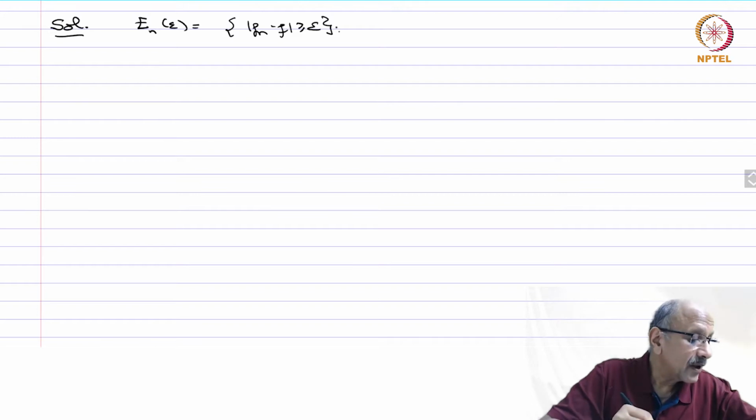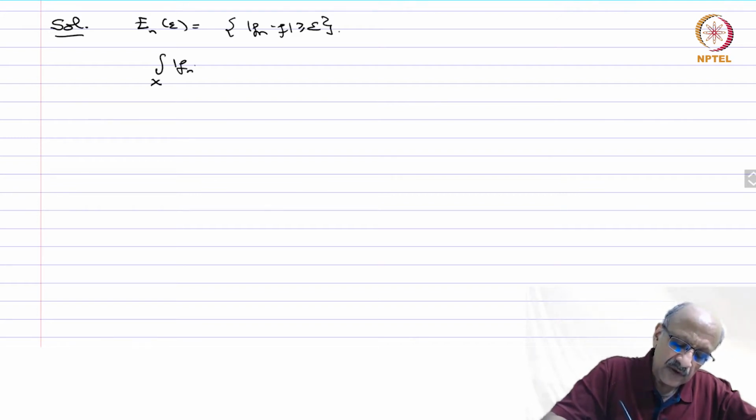So let E_n,epsilon equal the set {|Fn - F| ≥ epsilon}. Now the integral over X of |Fn - F|^p d mu is greater or equal to the integral over E_n,epsilon.